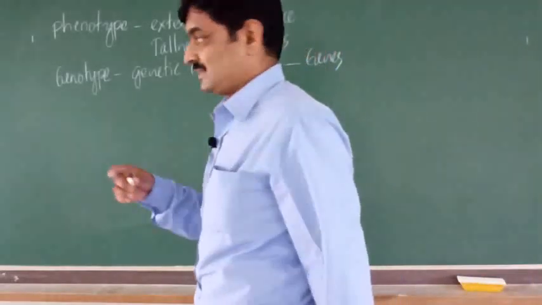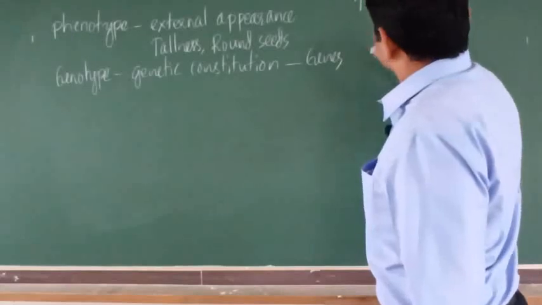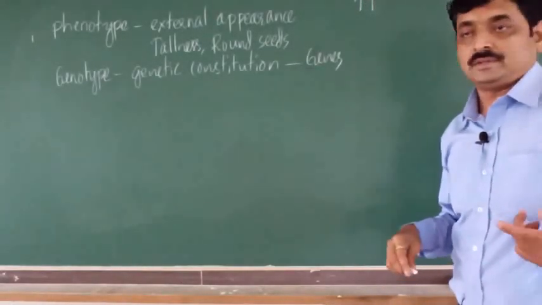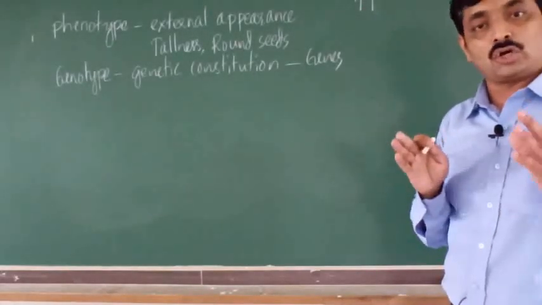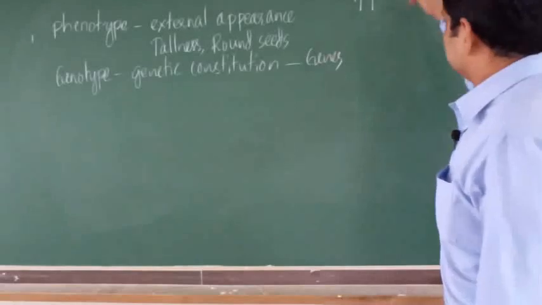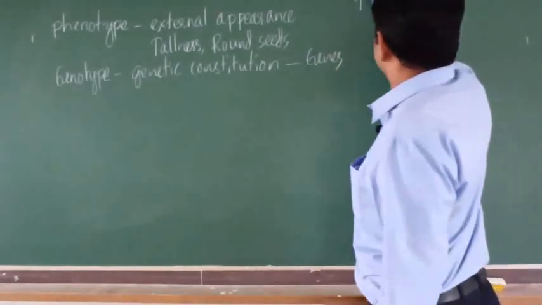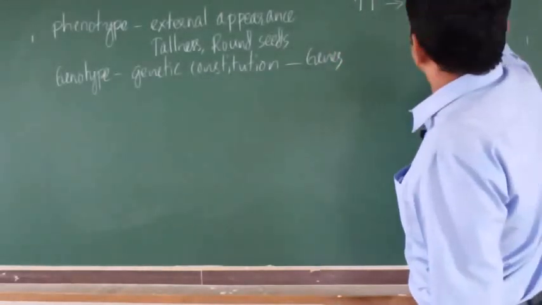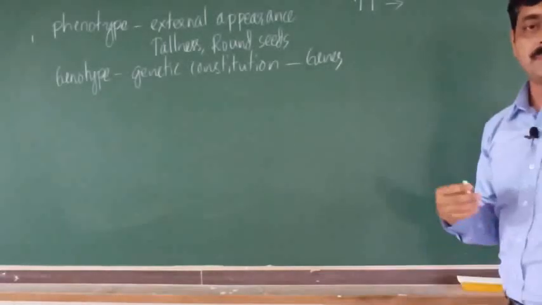So we shall consider some examples of genotypes. Now for example, this is one genotype, right, of pea plant. So these are the pair of genes which forms the genotype or genetic constitution of a pea plant. Then what phenotype does it control?